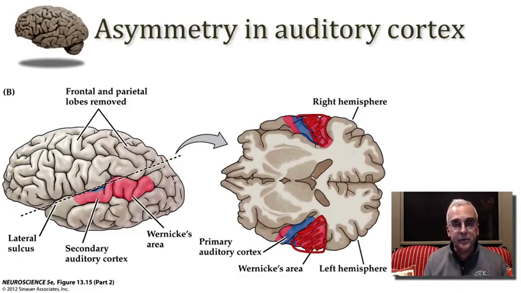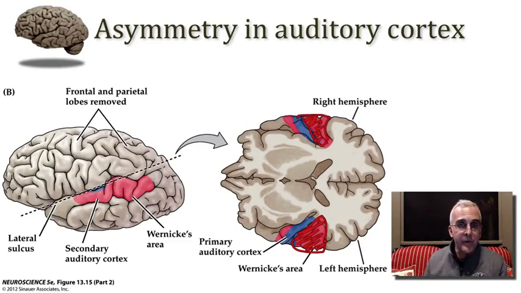Well, one interesting clue as to what might be going on was discovered some years ago when a study was done of planum temporale size in individuals who were musicians, some of whom had this very special ability called perfect pitch. And this is the ability to discriminate tone or to produce tone of a given pitch and to know exactly what that pitch is. Most musicians, professional or otherwise, don't have this ability, but some do.